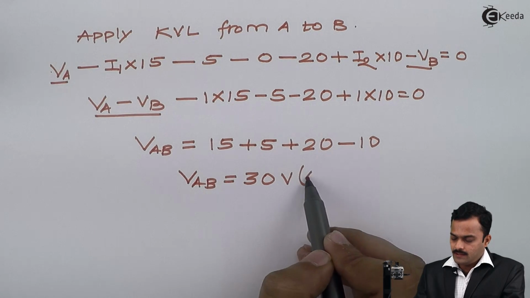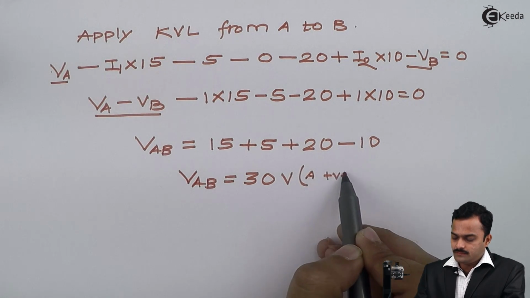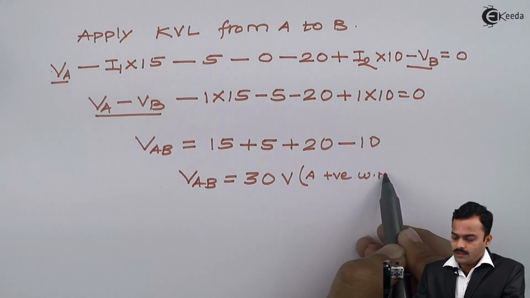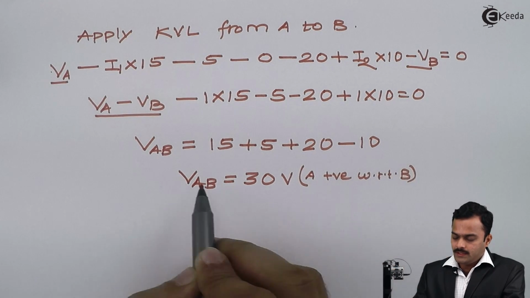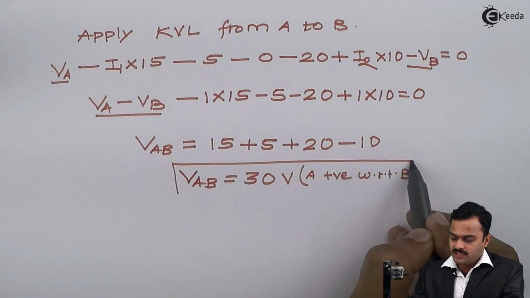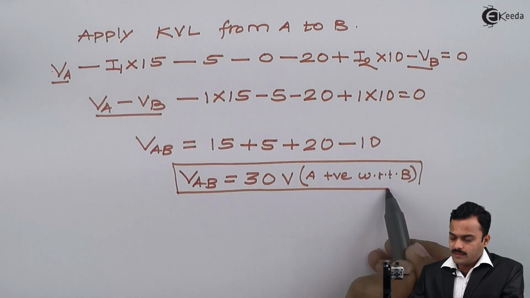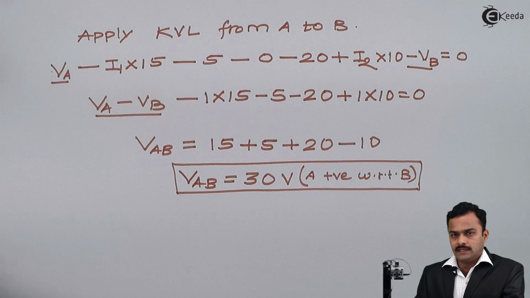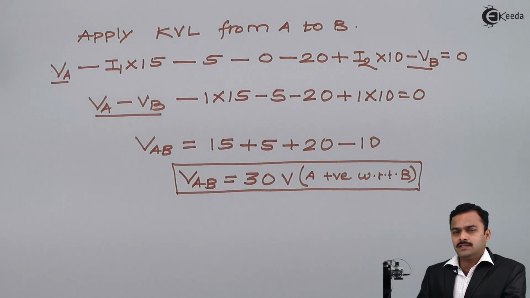So I will write here A positive with respect to B. So here I mentioned the potential difference value along with the polarity. Here we have seen how we can apply KVL to a problem and get an answer for a circuit. Thank you.